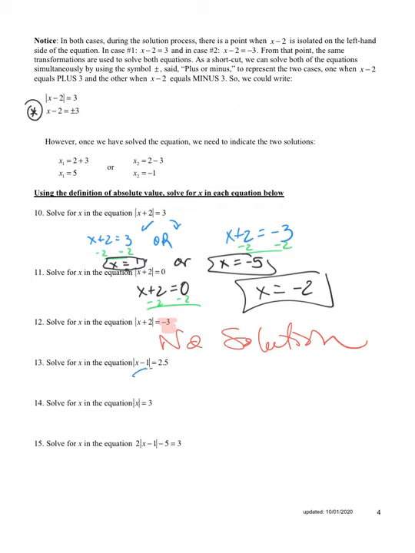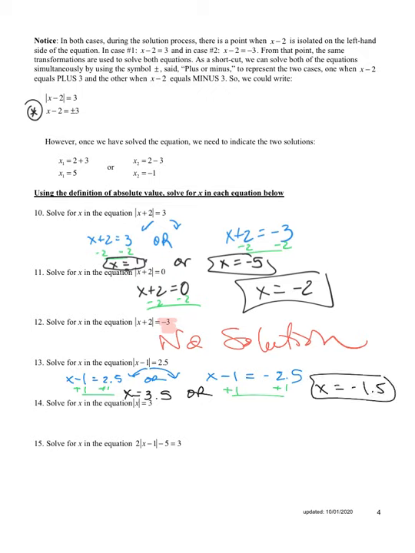Okay, look at the next one. I'm going to split it into two problems. x minus 1 equals 2.5, or x minus 1 could equal -2.5. Solving for x in each equation is going to give me x equals 3.5, or x equals, and do the arithmetic, negative 1.5.